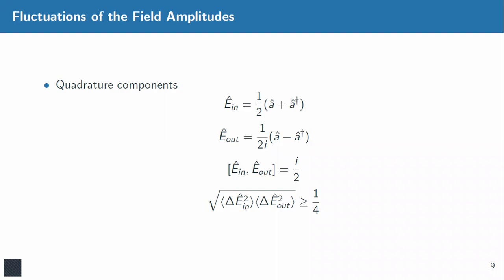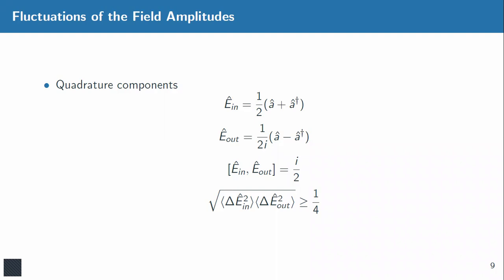We know that the electric field, or you can say a single mode of light, has two physical quantities, or canonical variables, that could describe it completely. If we have n modes, then we have 2n of these values, and these values follow the Heisenberg uncertainty principle.